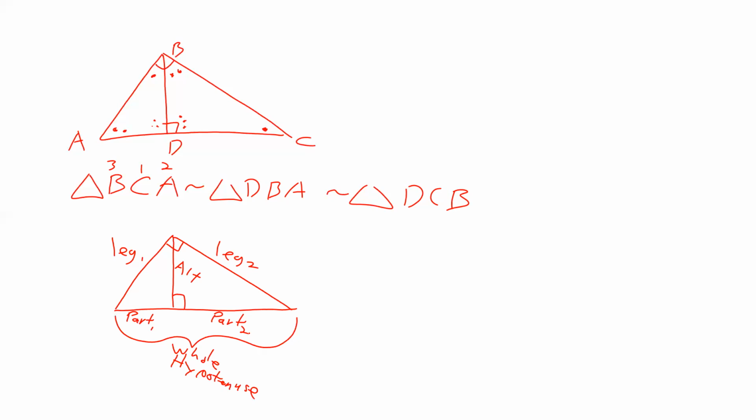Now, two equations. First, there's an equation to help us find the altitude. Second, there's an equation to help us find a leg. They both deal with geometric mean. The altitude here is found by doing the geometric mean of part 1 and part 2.